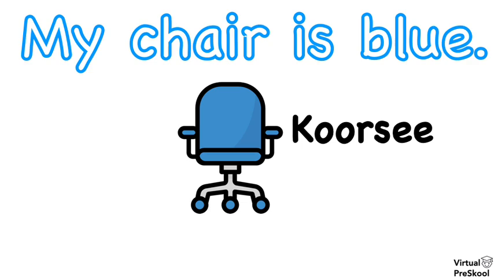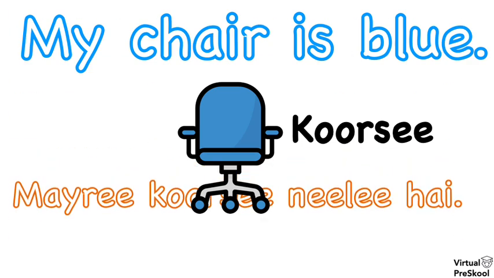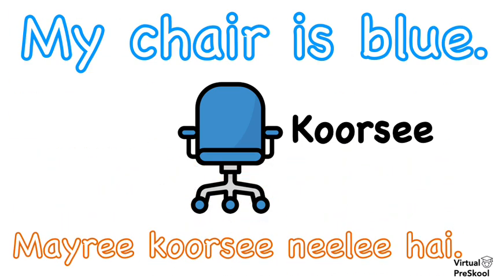Okay? All right, let's do this one. My chair is blue. How do we say this in Hindi? मेरी कुर्सी नीली है. So here, kursi is a stri noun. So that's why we use the stri form of my, meri, and the stri form of blue, neeli.